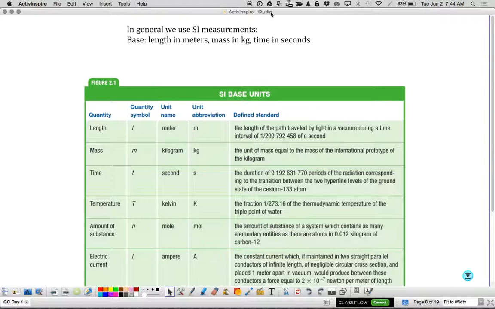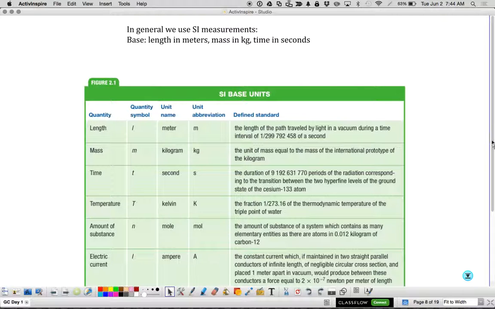So in general, we use the SI system of measurements, and that's the Système International, or however the French would say it. And so, for example, we equate a lot of these to the metric system, right? So the standard unit for length is the meter, okay?